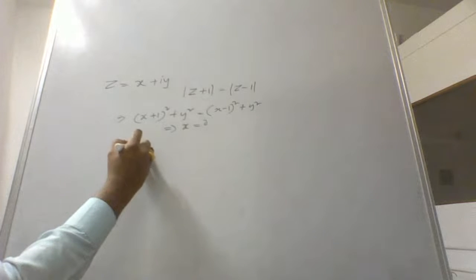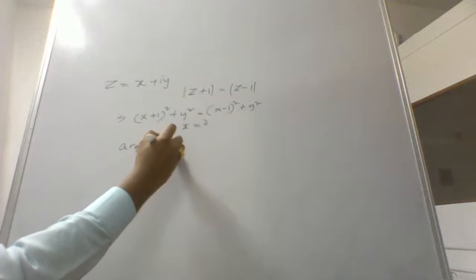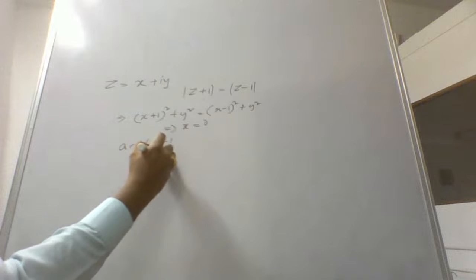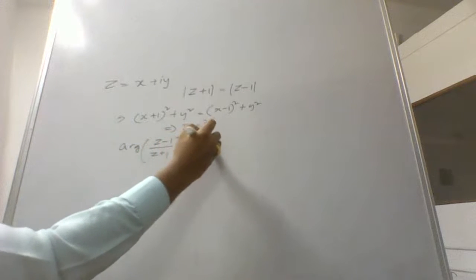And arg of (z minus 1) divided by (z plus 1) is pi by 4.